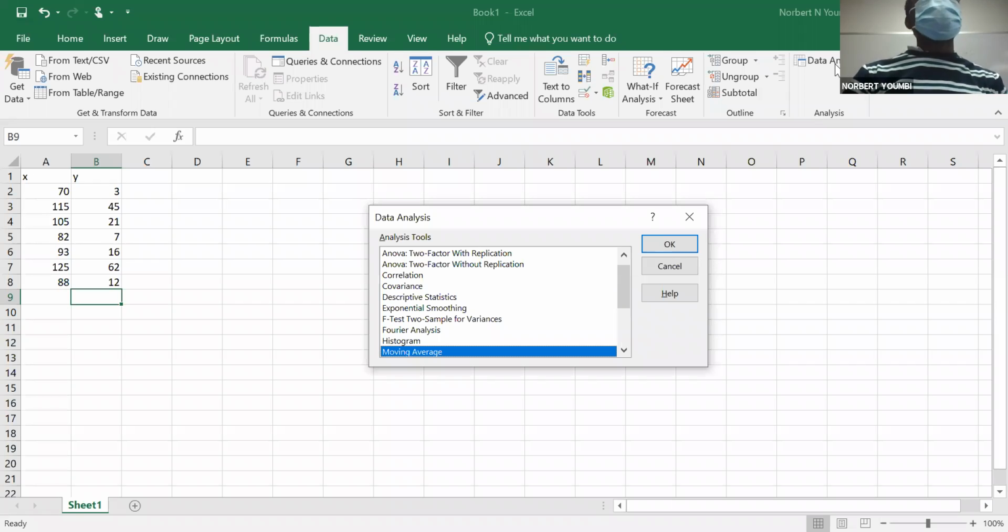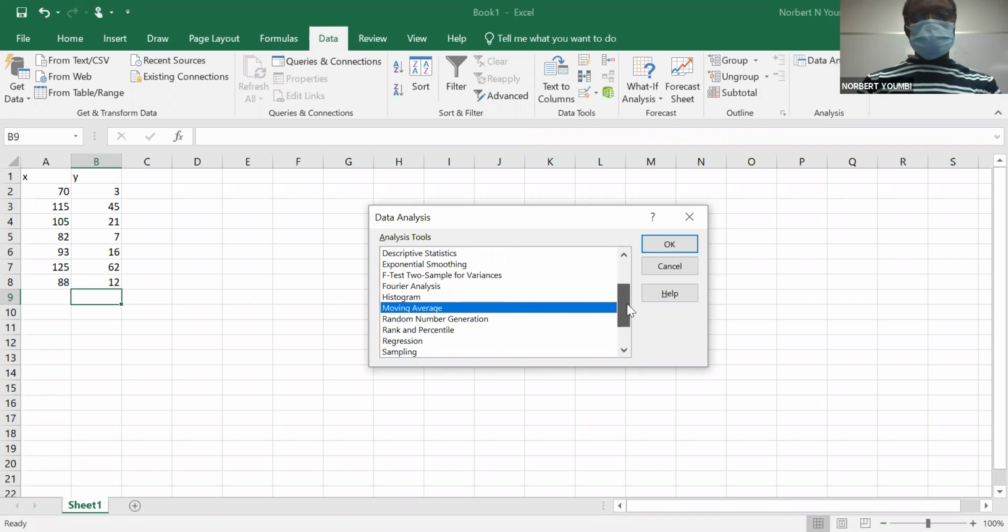Everybody has Data Analysis? Anybody missing it? Okay, good. If we all have Data Analysis, we can proceed. We will choose Regression.